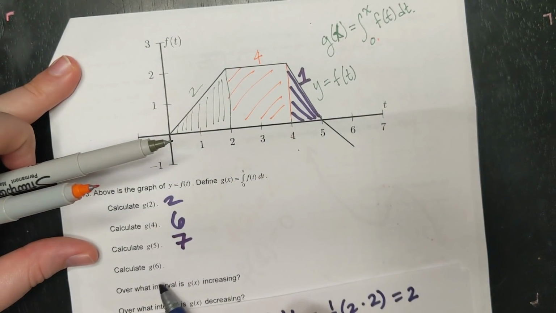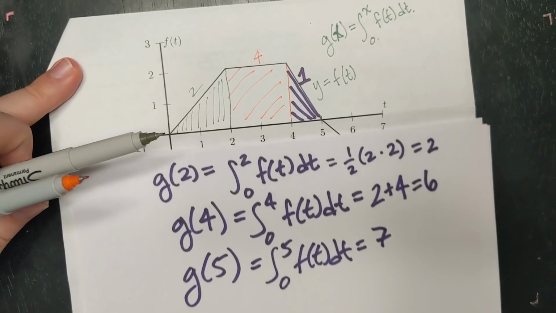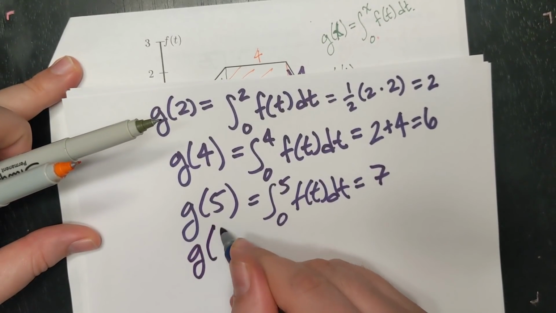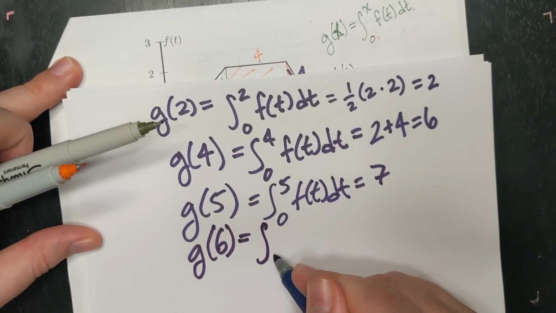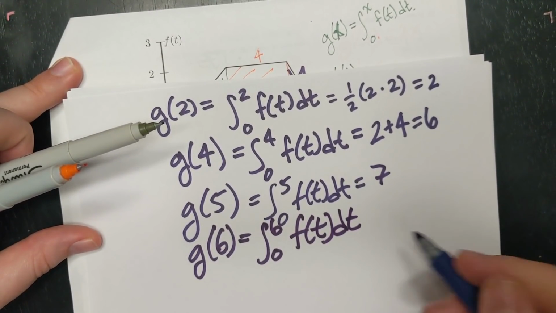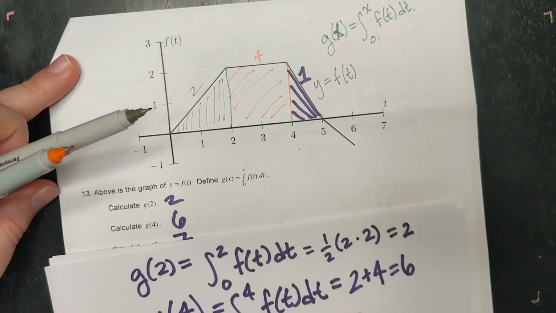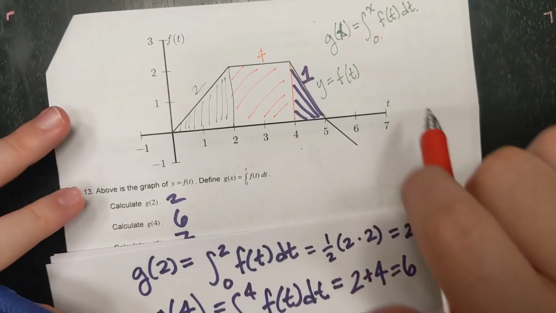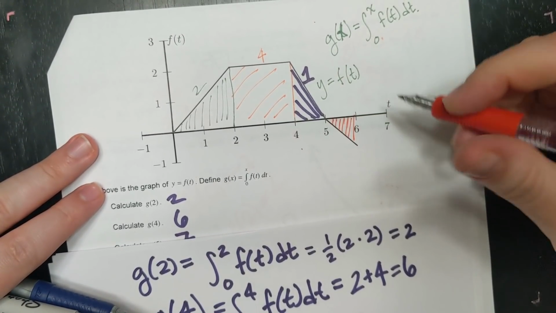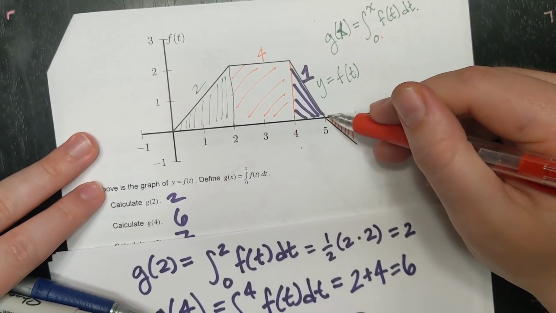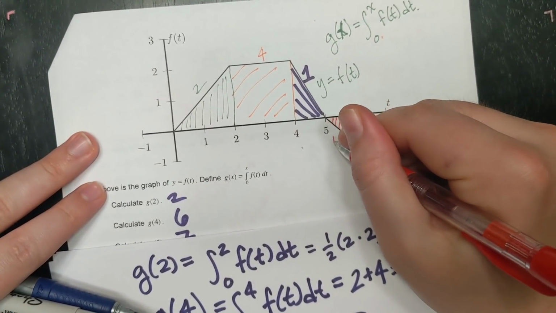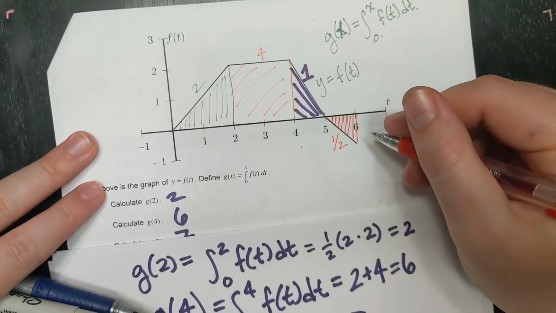And the last one is, how about g of 6? Same approach, g of 6 is just the area from 0 to 6 of f of t dt. And so that's going to come out to be, well, let's think. We're now adding this little section. And notice this is now a triangle. It's a 1 by 1, so its area is 1/2. So this is a triangle of area 1/2.